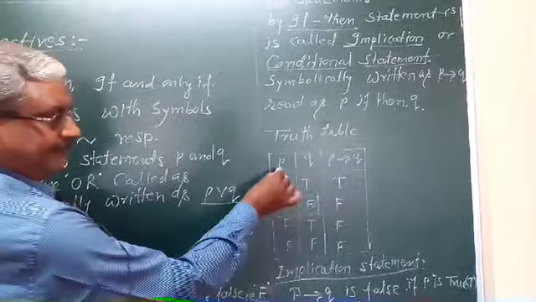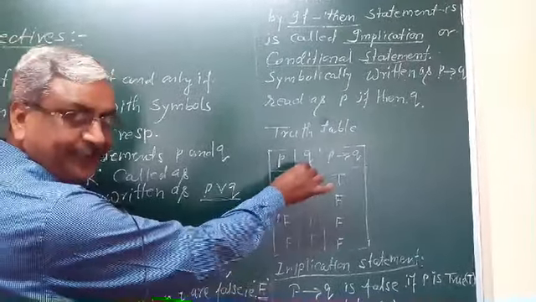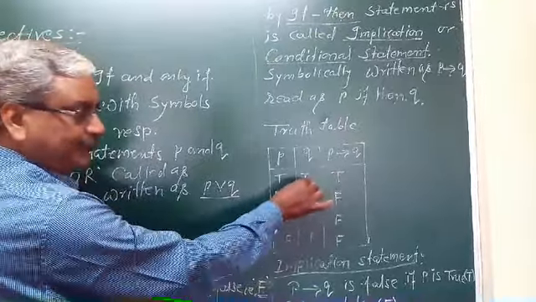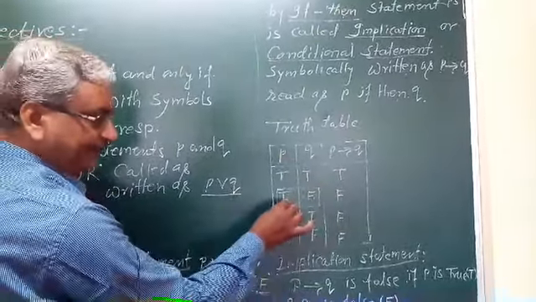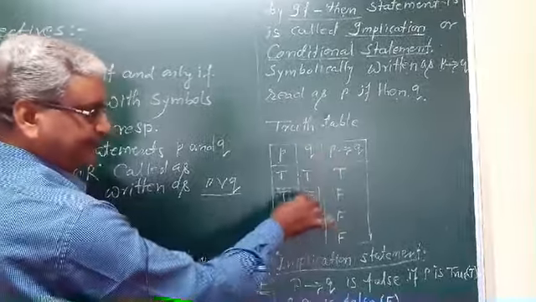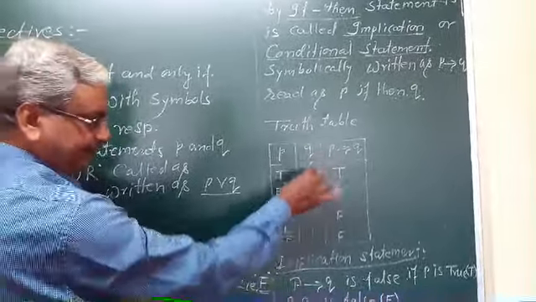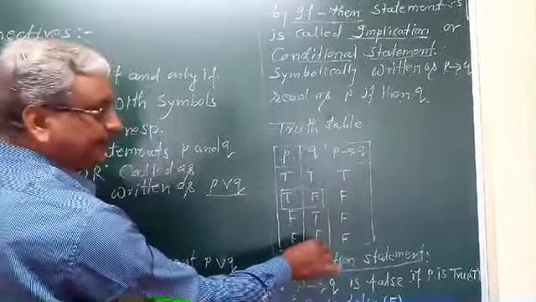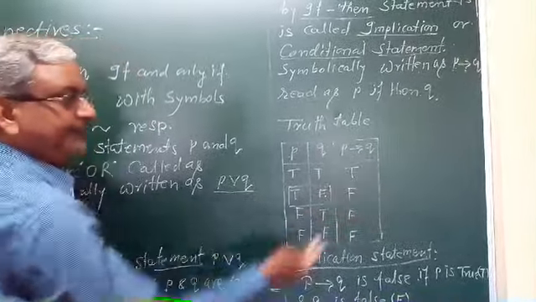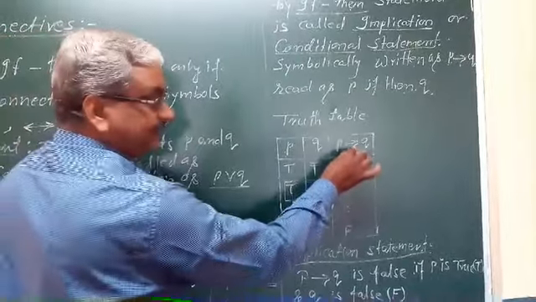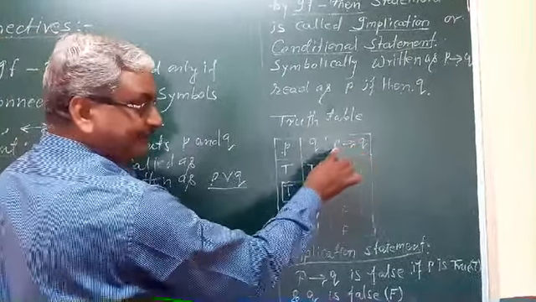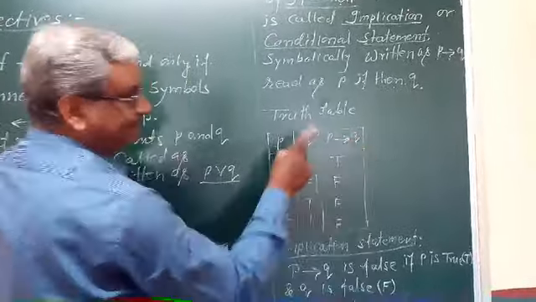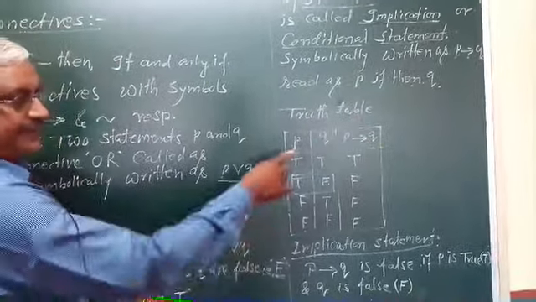So again we take the parent statements P and Q. P is true, Q is true; P is true, Q is false; P is false, Q is true; P is false, Q is false. So what will be the truth value for this conditional statement, P implies Q?